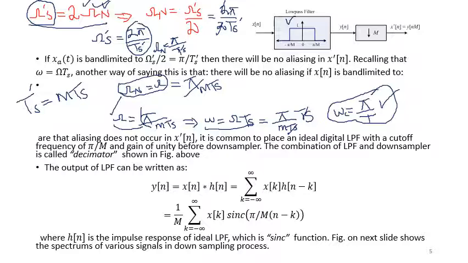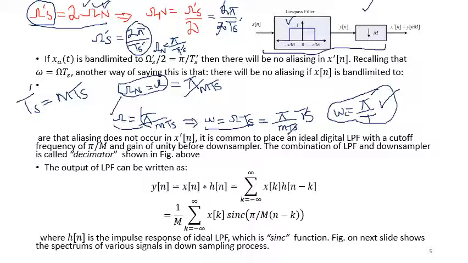Okay, so you understand this one is called the decimator. And what is a decimator? A decimator is simply a low pass filter followed by a downsampler, right? So I hope this gives you an idea.